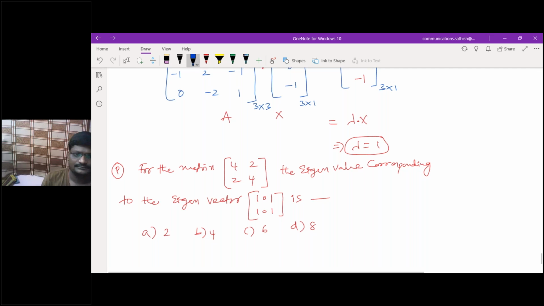The same thing. Here also they have given a matrix capital A, X they have given, and they are asking the eigenvalue lambda. The same analysis you did for the earlier case, the same thing you have to do. Come on, try to give me the answer for that.